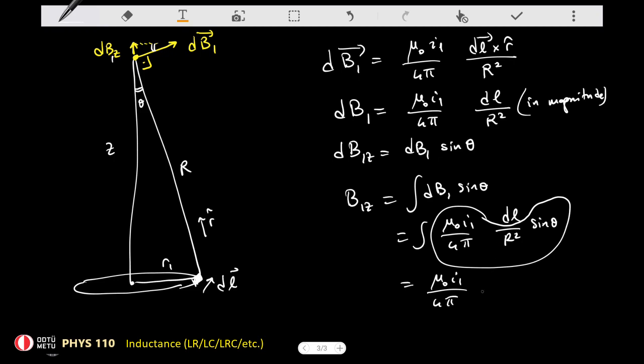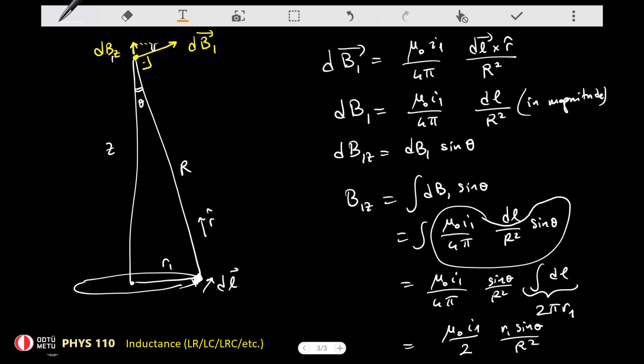And then what is left is essentially the circumference in here. So that's sine theta over r squared and the integral of dl. And then we have said that this is the circumference, 2 pi r1, of the circuit. Right, so therefore, we get mu0 I1 over 2 r1 times sine theta divided by r squared.